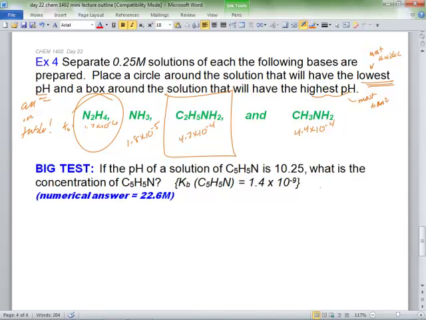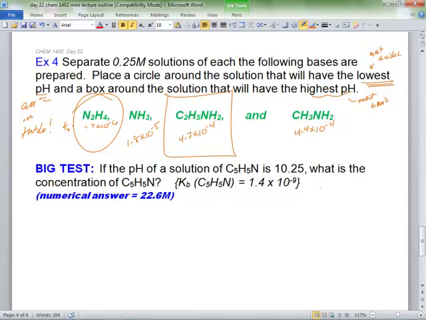And then, you did all that without an ICE table. Man, you can visualize it better than I can. Look at that, she did it without an ICE table. Bianca got it. Okay.